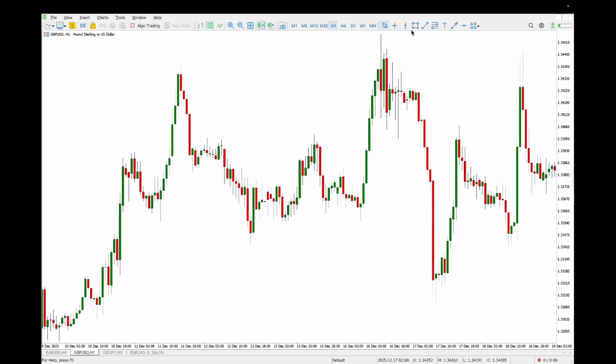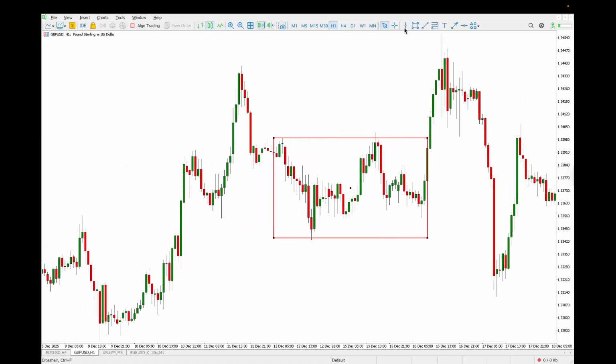For example, we have this range here, and eventually we have price coming to take the, remember we are bullish from the weekly time frame.